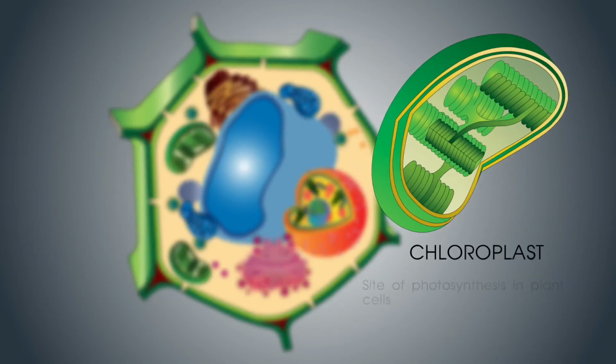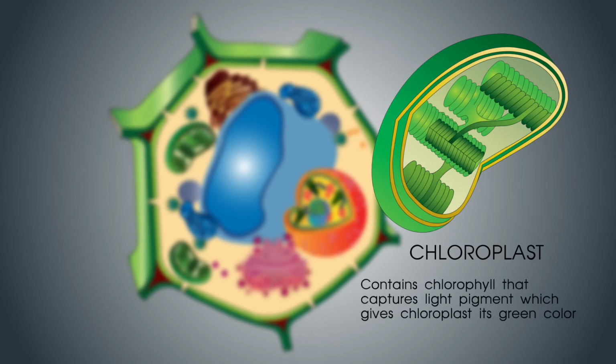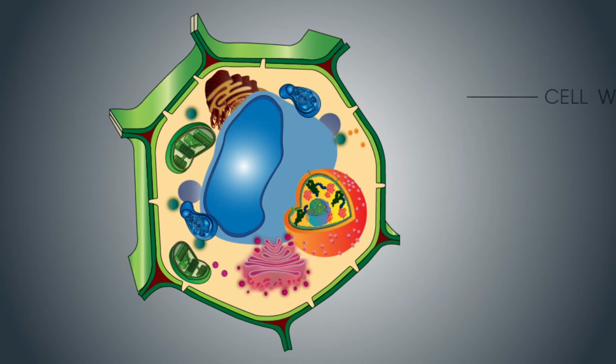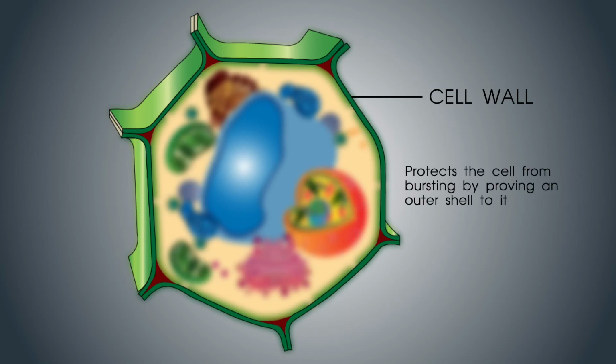Chloroplast: site of photosynthesis in plant cells. It converts solar energy and carbon dioxide to chemical energy. It contains chlorophyll, a light-capturing pigment which gives the chloroplast its green color. Cell wall: protects the cell from bursting by providing an outer shell to it.